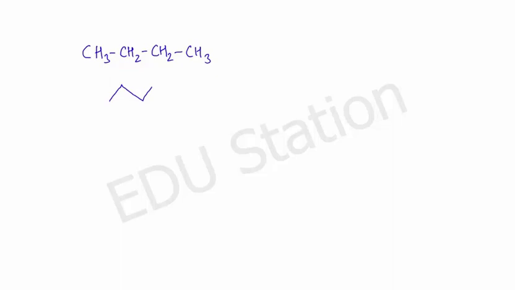This indicates 1 carbon is here, 2, 3, 4. So bond line is basically a benzene if you are writing. Benzene, we do not represent any carbon or hydrogen, we simply write benzene like this. So this is bond line.